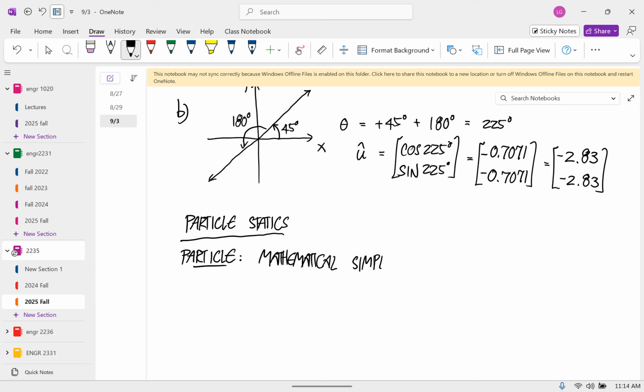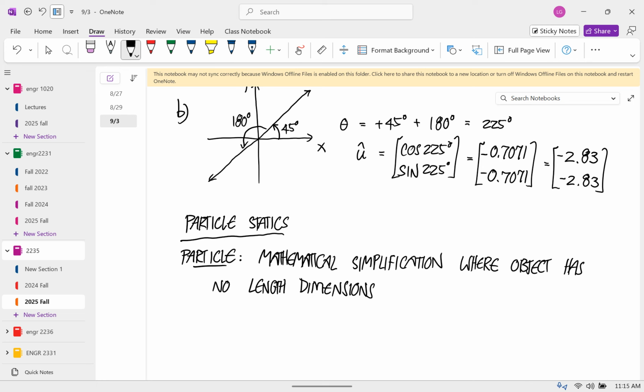So it's a simplification where the object has no length dimensions. And since it doesn't have any length dimensions, you can't make any distinctions between different sides. And so there's no way to talk about the orientation of the body. You can't say now it's facing this way, now it's facing this way.